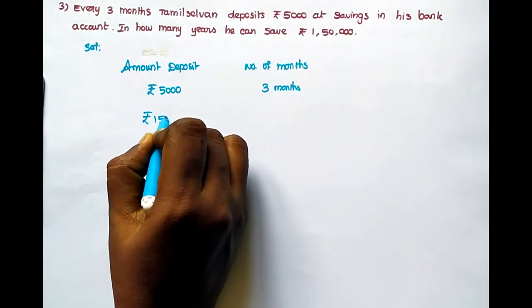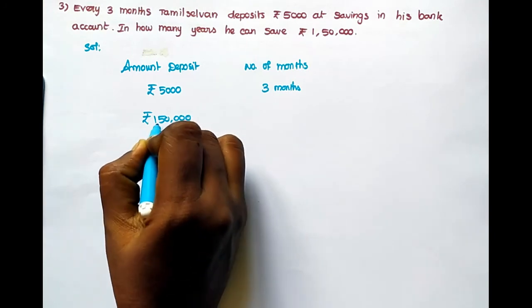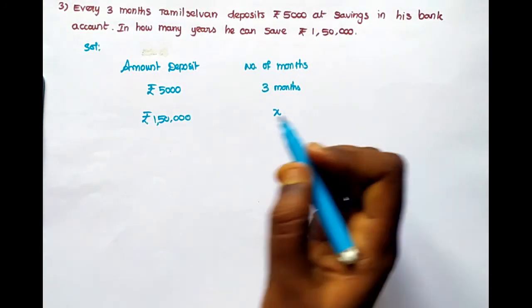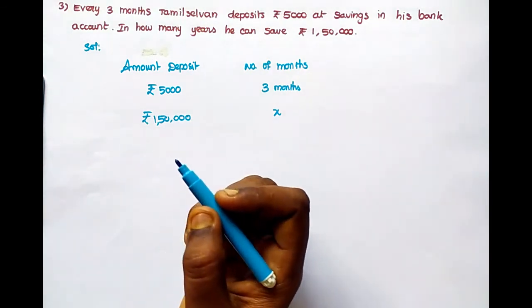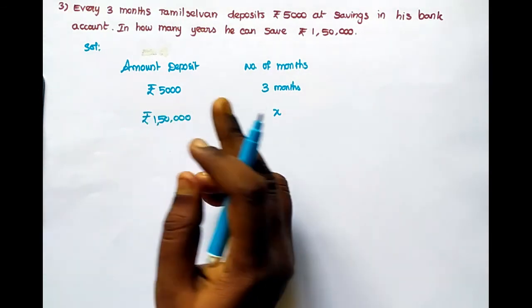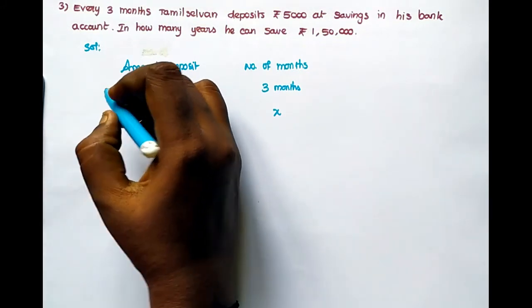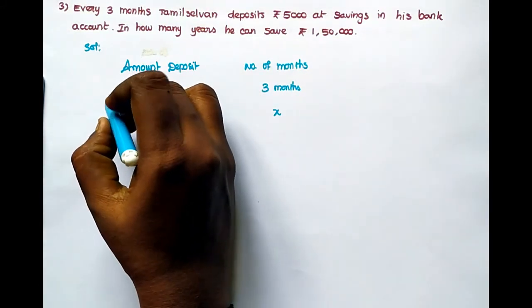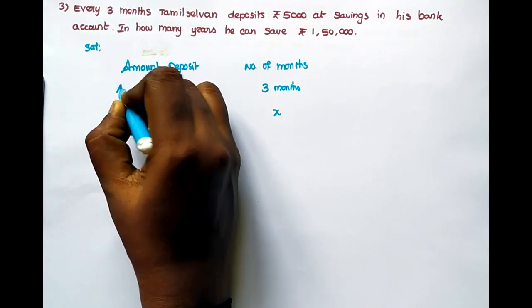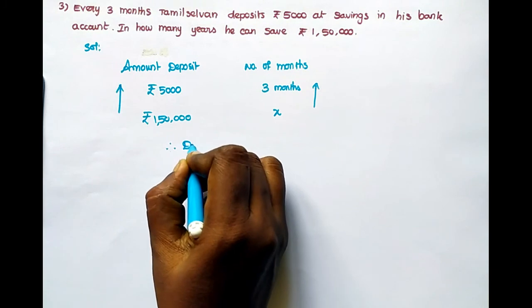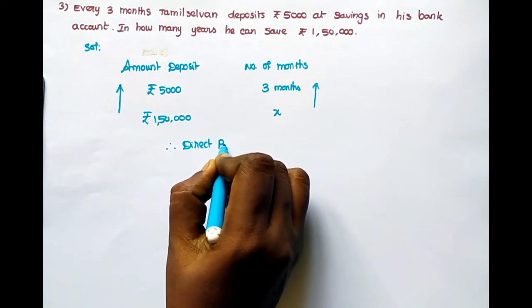Rupees 1,50,000 means how many months? So listen, 5,000 means 3 months. 1,50,000 means the number of months also increases. Therefore, direct proportion.